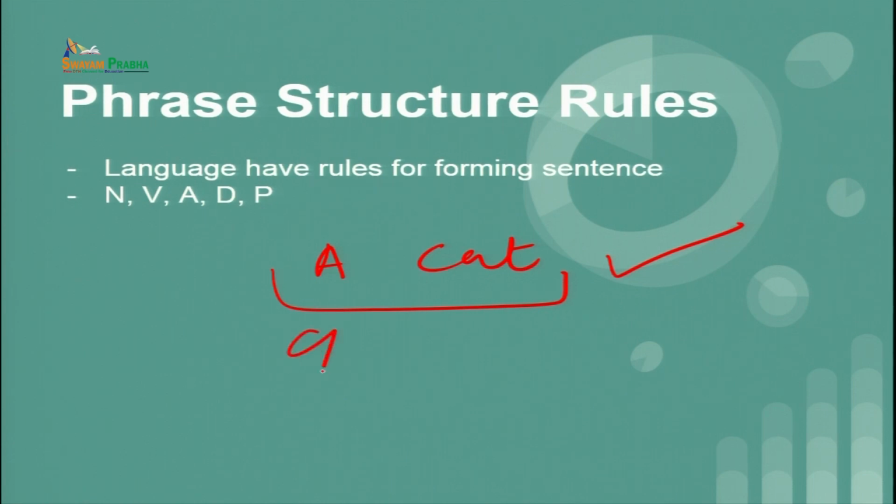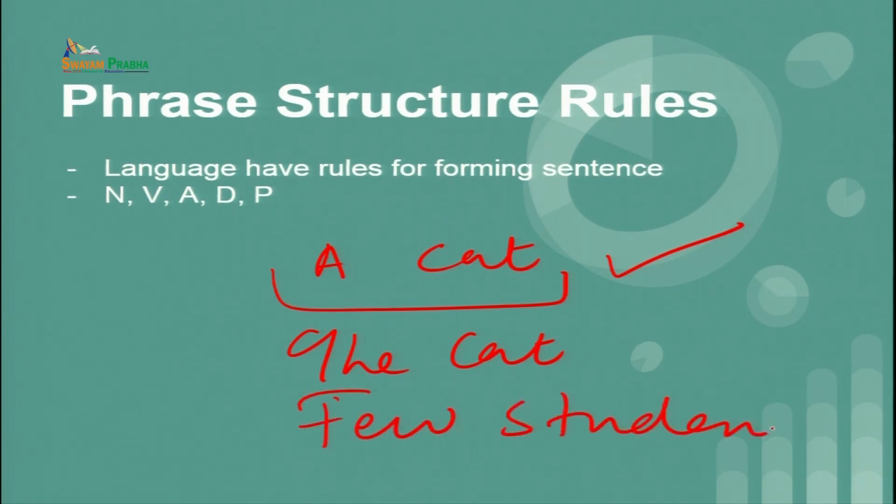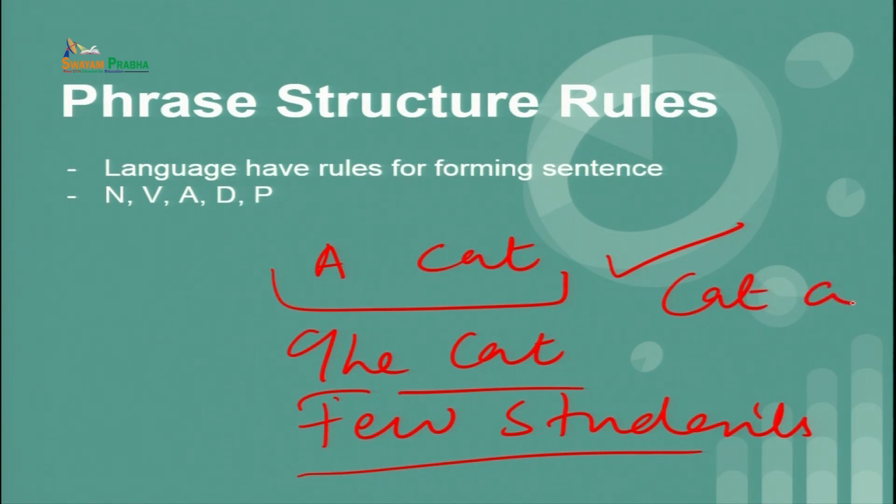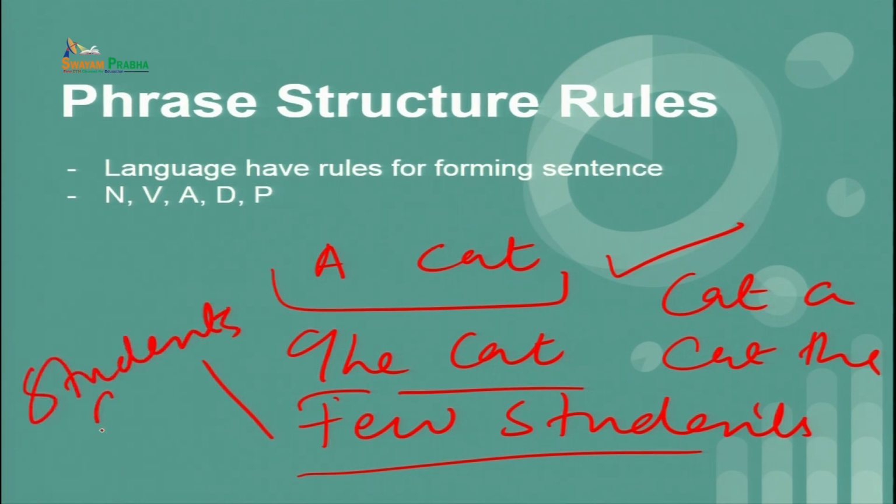Similarly, I can write the cat, or few students, and you know that these compositions are correct. But what if I reverse these structures? If I say cat a, or cat the, or in case I write students few, my question to you is: do you think these are grammatically correct phrases?